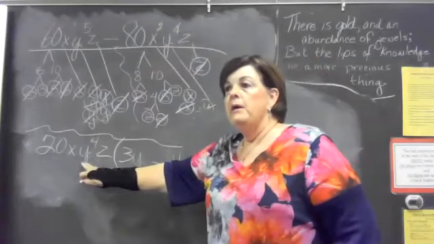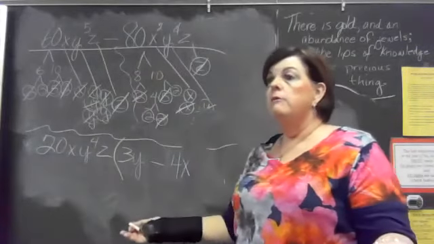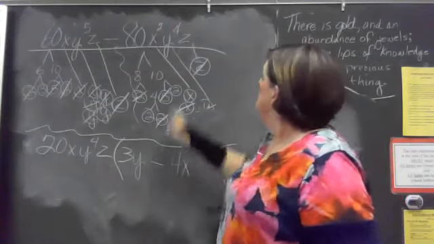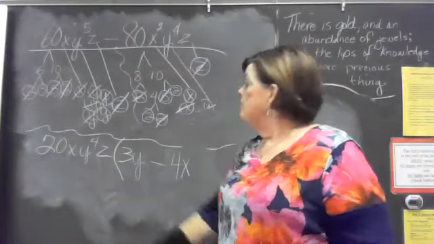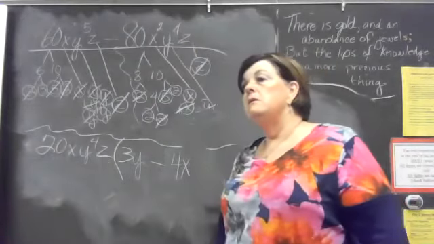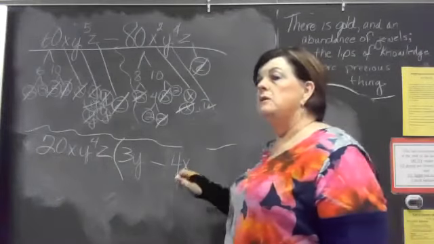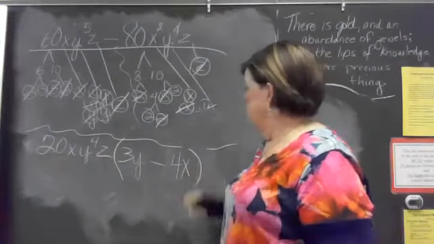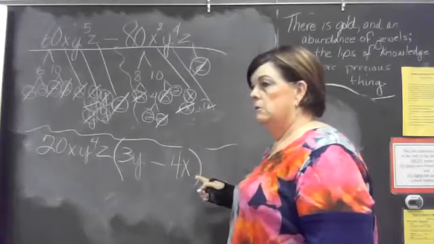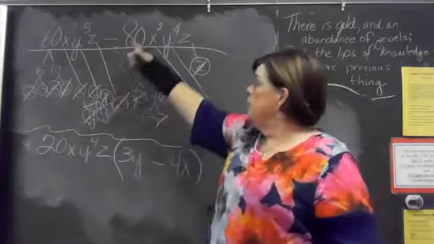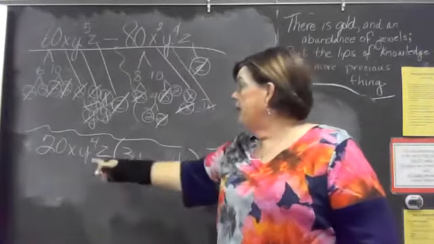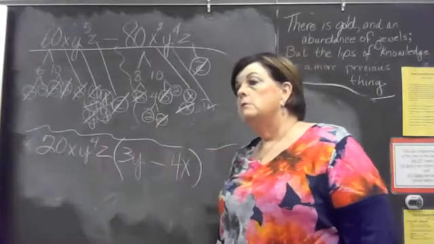I took 4 of them out. No y's at all, right? I had a z, but I factored out a z. So there's no z, right? There's your answer. This is the factored polynomial by pulling out the greatest common factor.